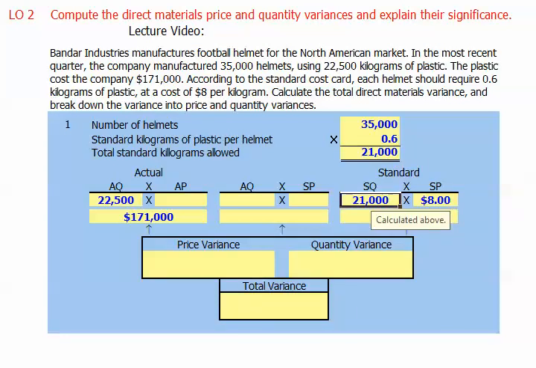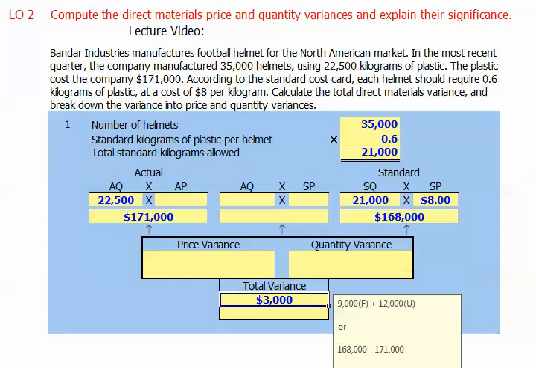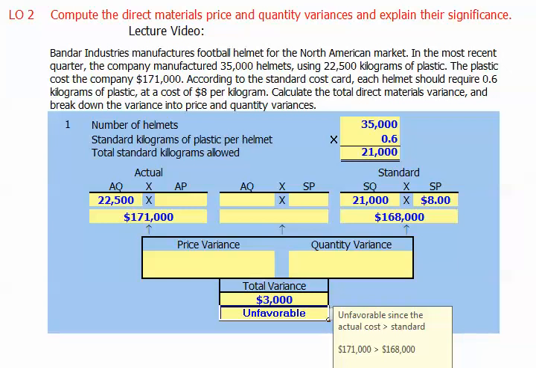We multiply that standard quantity by our standard price of $8 per kilogram, and we get a total standard cost of $168,000. If we compare that to our actual cost of $171,000, we see we have a $3,000 variance. And since our actual cost was greater than our standard cost, our variance is unfavorable.